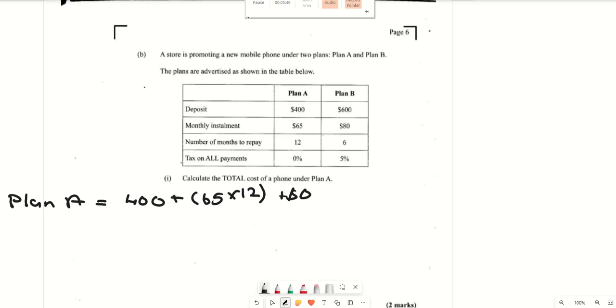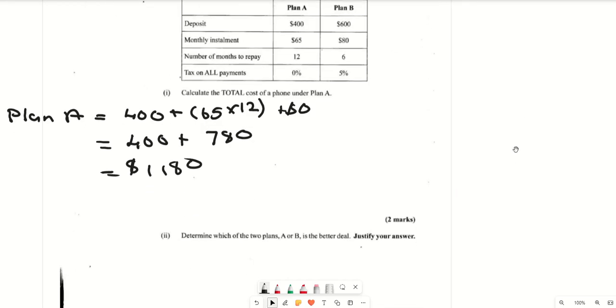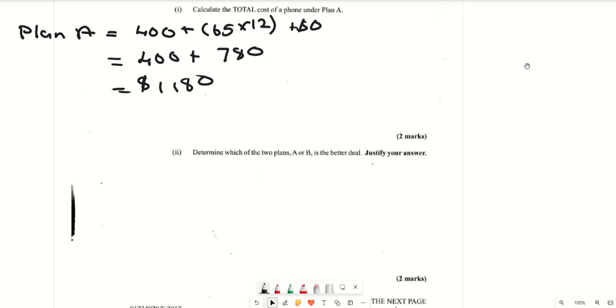This is 0%. So it would be 400 plus 780, which is equal to $1,180. And that would be the answer for the total cost of Plan A.